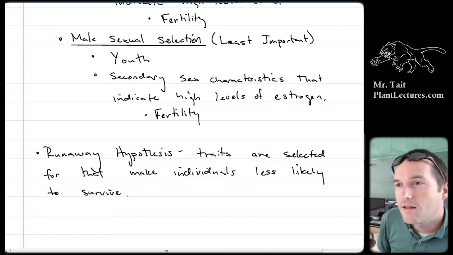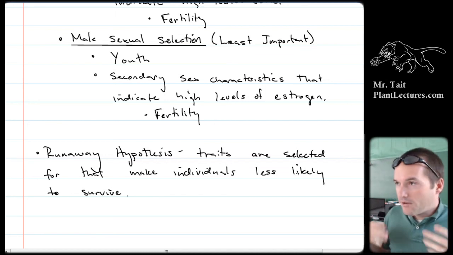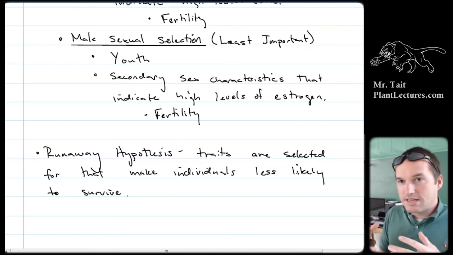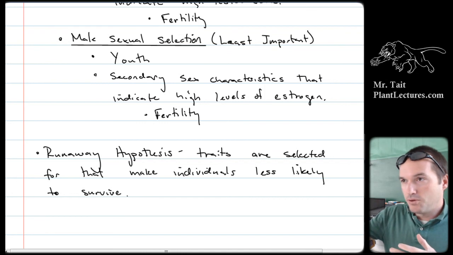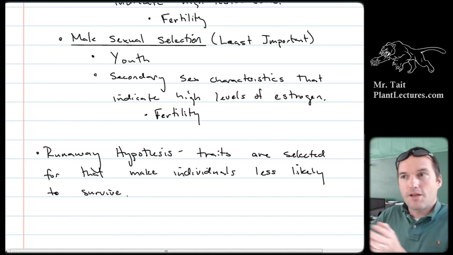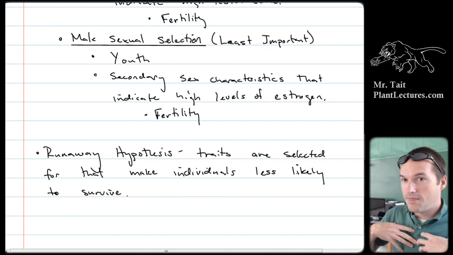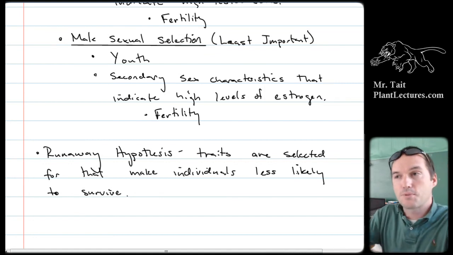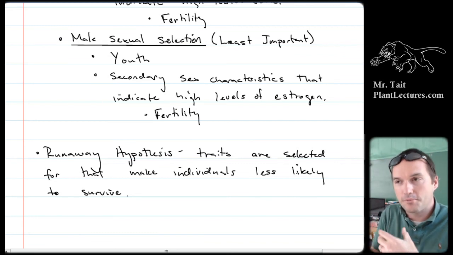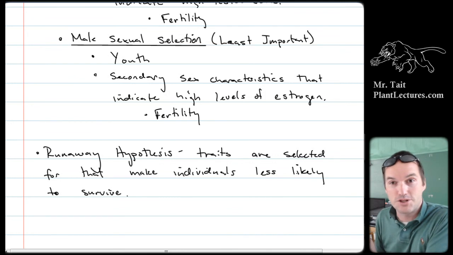Yeah. Is that it makes it more likely to be selected by a mate? Yeah. So if you are a female and you are selecting for the male that has the largest plumage, right? That means that your offspring will also have the largest plumage, and will then be more likely to be selected for. It also means that if you're a female that selects for the largest plumage, your female offspring will also want to select for the largest plumage, and your male offspring will have the largest plumage, right?